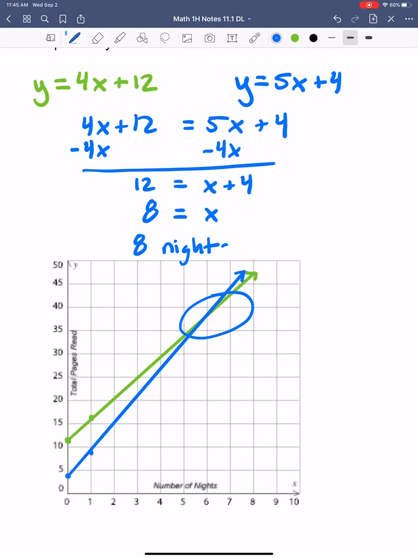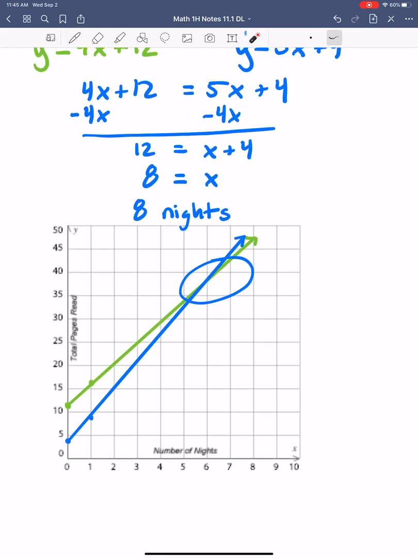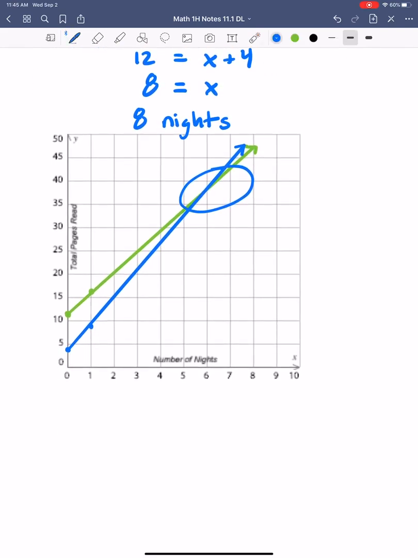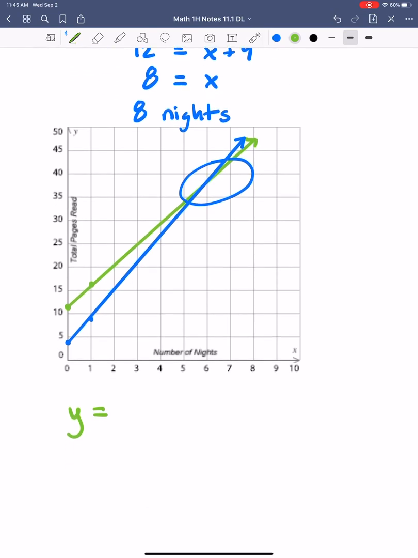And then if I want to figure out what page they're on, well, I can just take this 8 and plug it into either one of these equations for x, right? So it doesn't matter. I can plug it into either one. If I decide to plug it into the green equation, it's going to look like this. Y equals, remember my equation was 4x plus 12, so that's 4 times 8 plus 12.